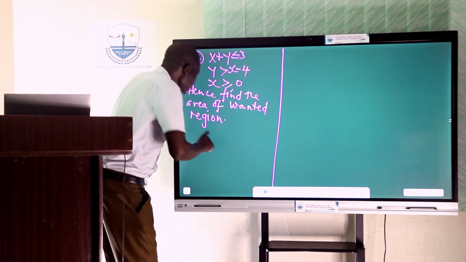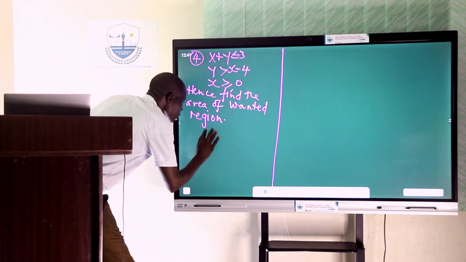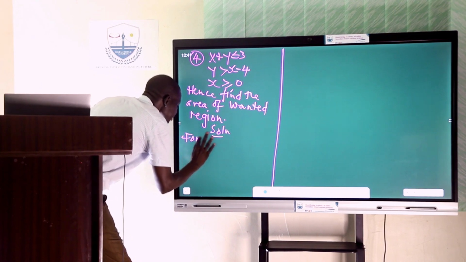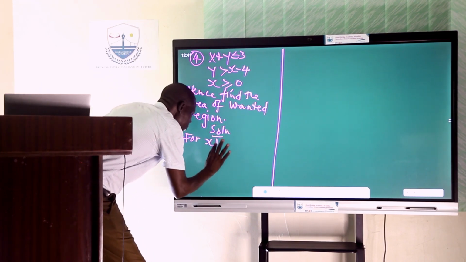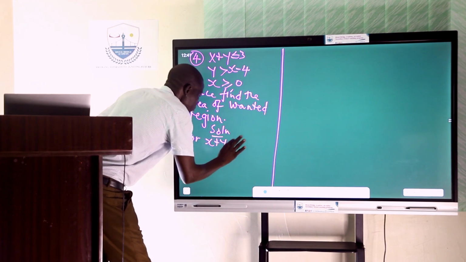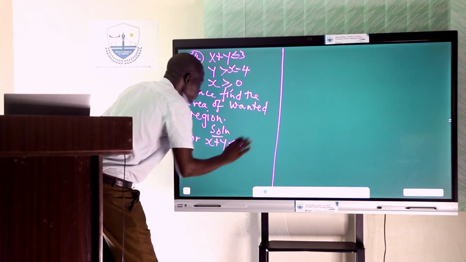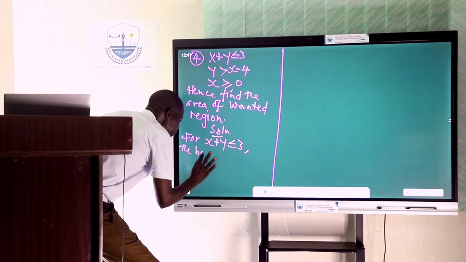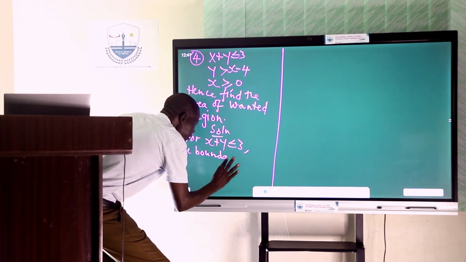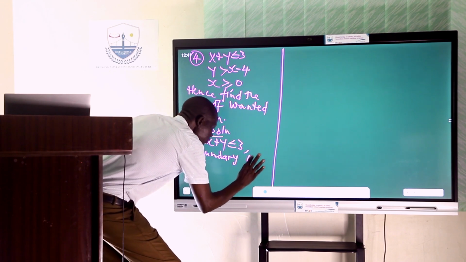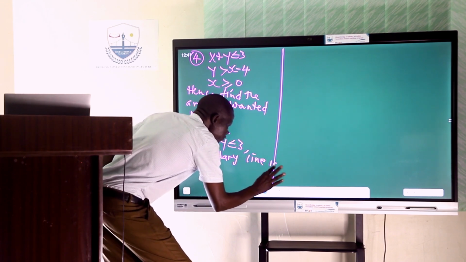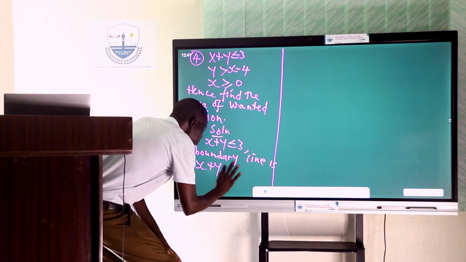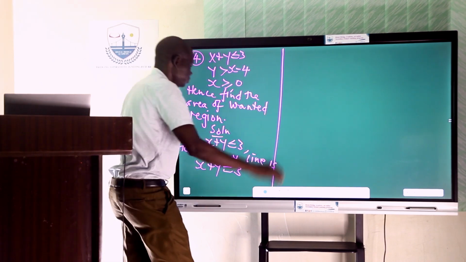So, here we shall say, for the inequality x plus y being less or equal to 3, it means that the boundary line is x plus y is equal to 3.